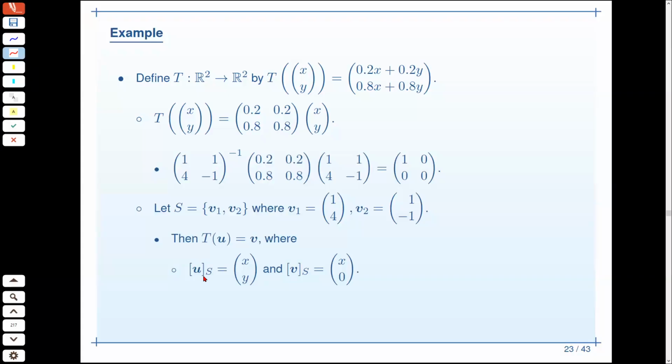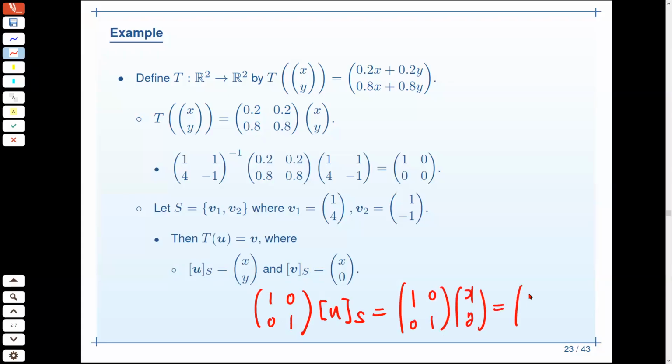If the coordinate vector of u relative to S is (x, y), then the coordinate vector of v is given by the matrix (1, 0; 0, 0) multiplied with (x, y), which is just (x, 0). This is the reason: if you look at the coordinate vector relative to S, you keep the first component and erase the second component.